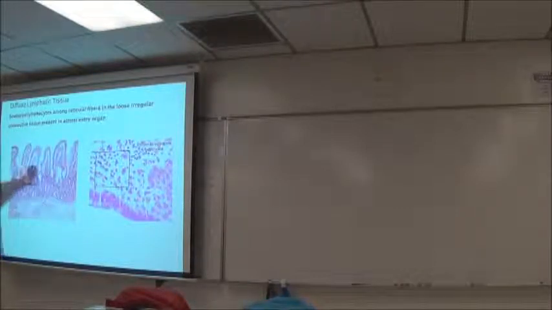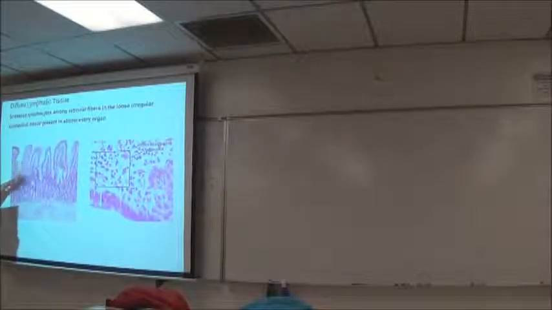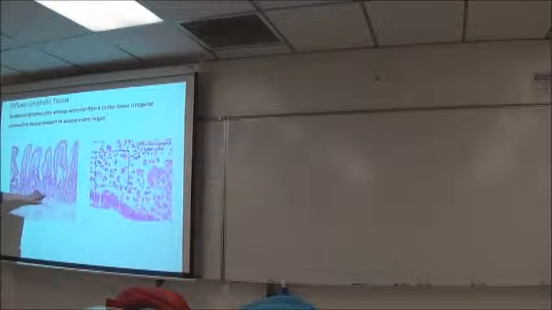So here we're looking at the small intestine, and to increase surface area for the secretion of enzymes and the absorption of food products, the small intestine has long finger-like villi, and that's what you're seeing here. So these would be simple columnar cells, and these are intestinal glands down here, right?